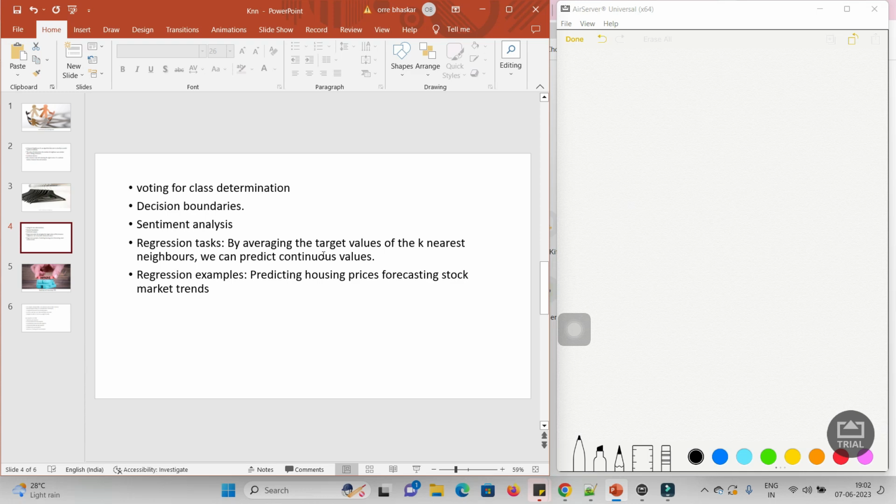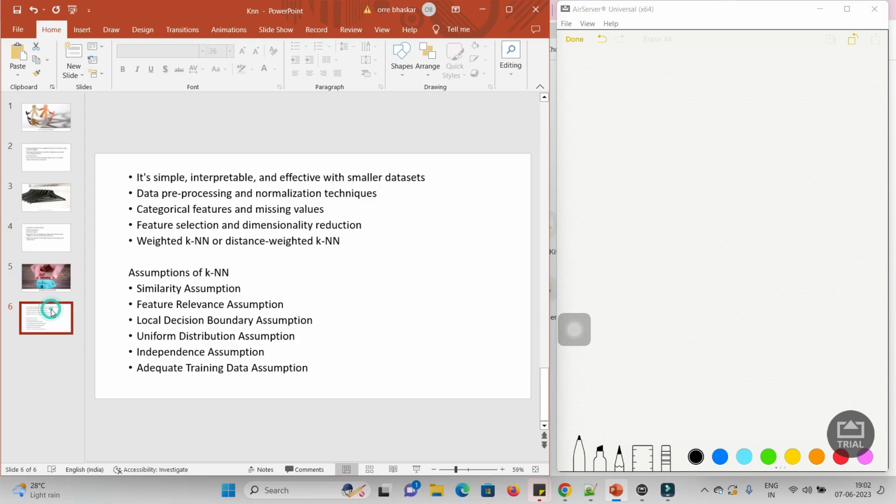Now, let's move on to the final session where we explore techniques for applying and improving KNN. Like any algorithm, KNN has its strengths and limitations. It's simple, interpretable, effective with small data sets.